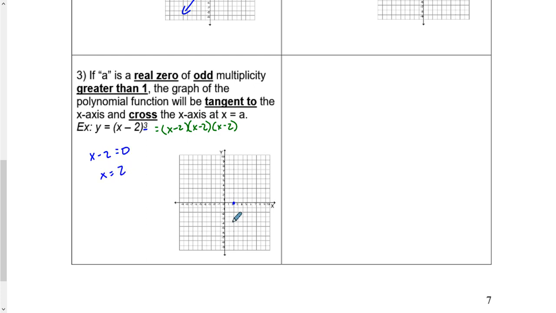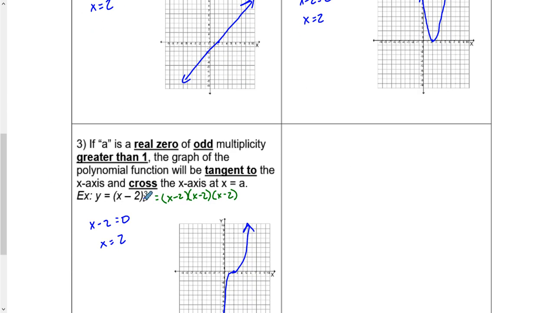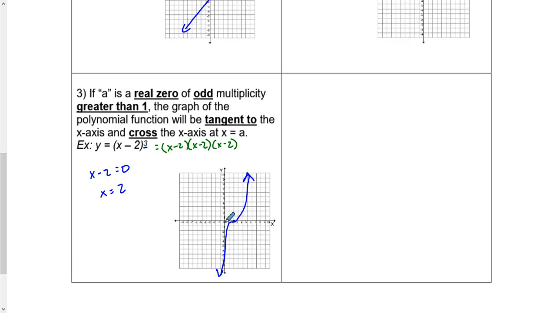At 2, our graph is going to come up to the x-axis, go tangent to it and cross, which makes it look much more like a cubic. A power of 2 makes your graph look like a squared. A power of 1 makes it look like a line. A power of 3 means it's going to look like a cubic. And that's the characteristic from the first section.